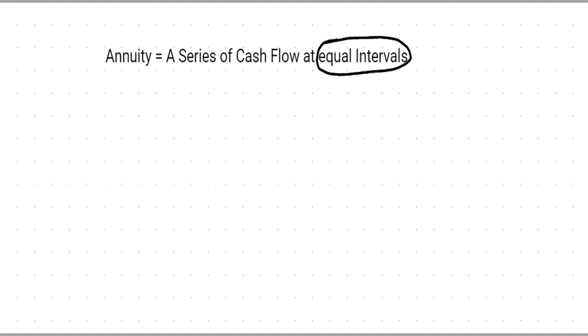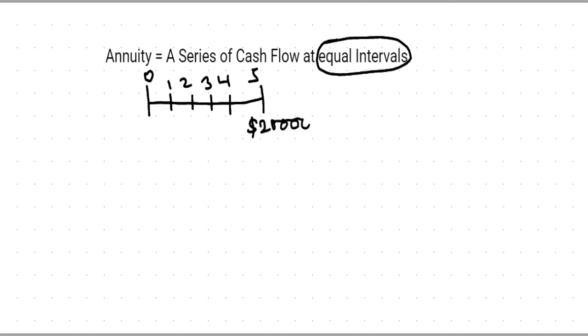If I draw a timeline, and there is a single cash flow, like we calculated the present value of $20,000 in the previous video, you have to discount this to time 0 to know its present value.